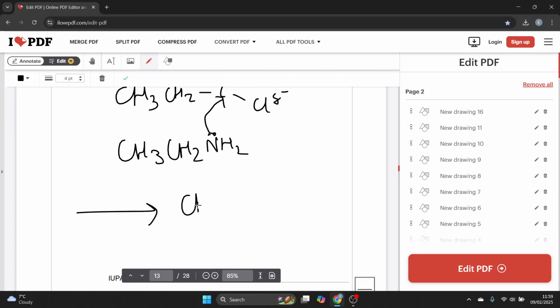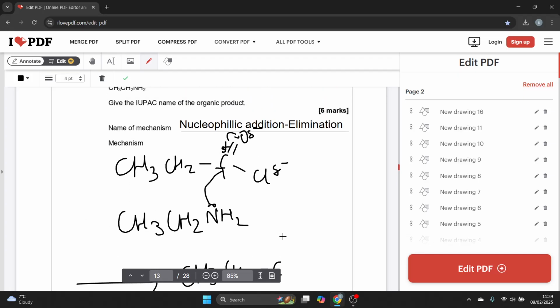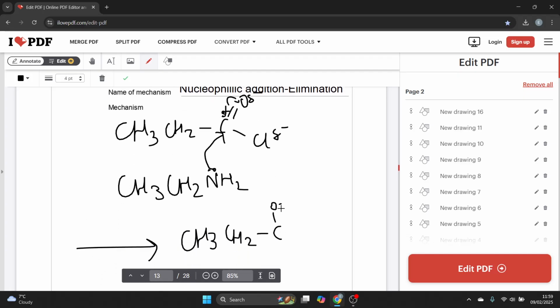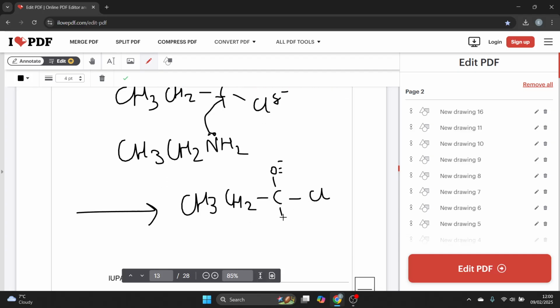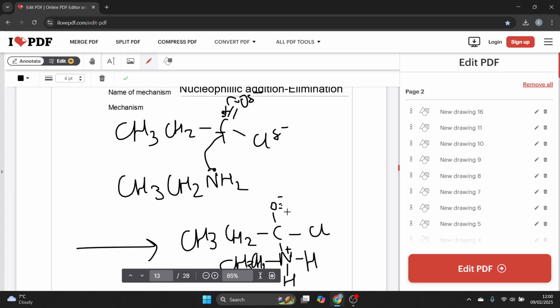Now what happens is you've got CH3, CH2, C, with your oxygen here, lone pair of electrons, negatively charged. You've got your Cl here, and then your NH2, CH3, CH2. But remember, the nitrogen is now positively charged. And now it wants to reform the double bond.